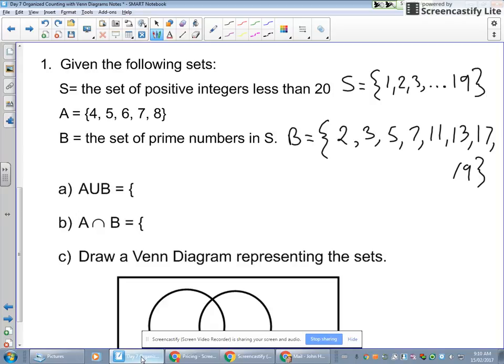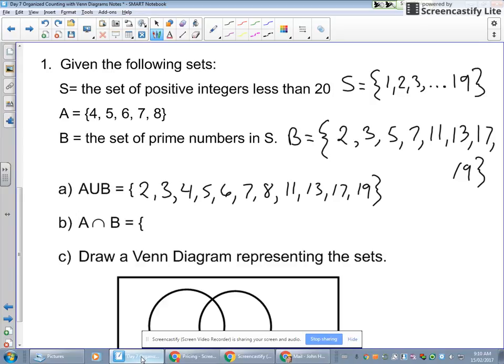So A union B, A and B, we're going to start with our lowest number: 2, 3, 4, 5, 6, 7, 8. And then continue on with B: 11, 13, 17, 19.